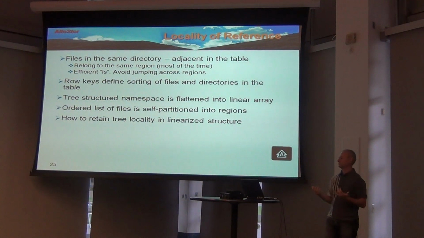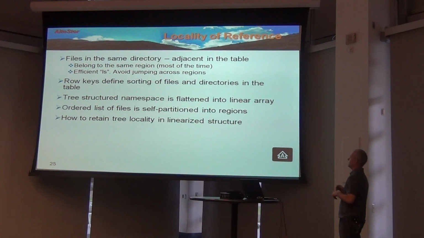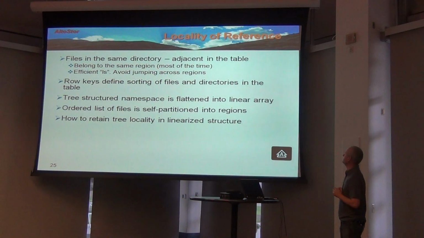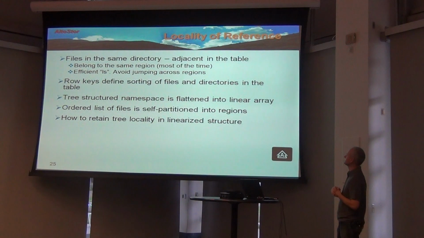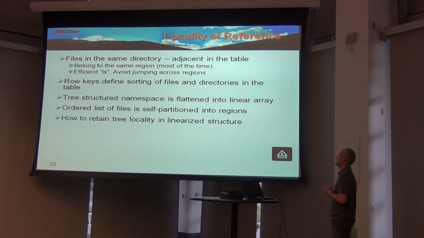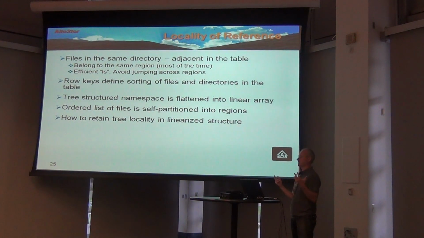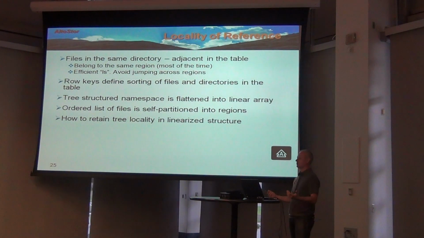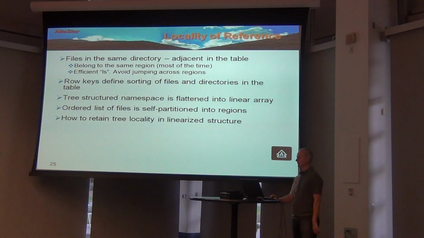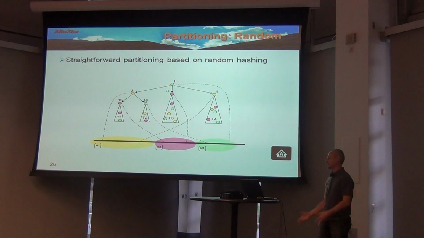And this projection can be done in many different ways. The requirement that we are putting in this projection is that adjacent objects in the tree should be adjacent most of the time in the structure. And there are lots of different ways to do that.